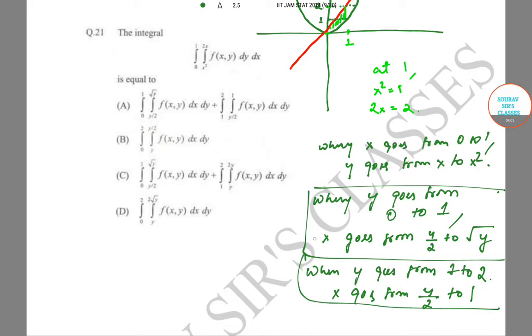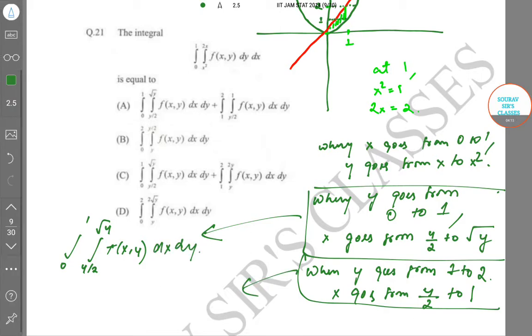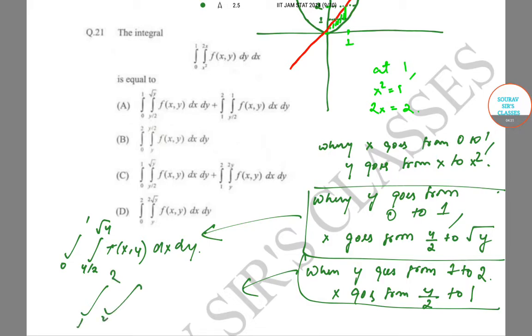Therefore, one part from this we get integral of 0 to 1, integral of y by 2 to root y, f of x comma y dx dy, applying Fubini. From here we get 1 to 2 integral of y by 2 to 1 f of xy dx dy.